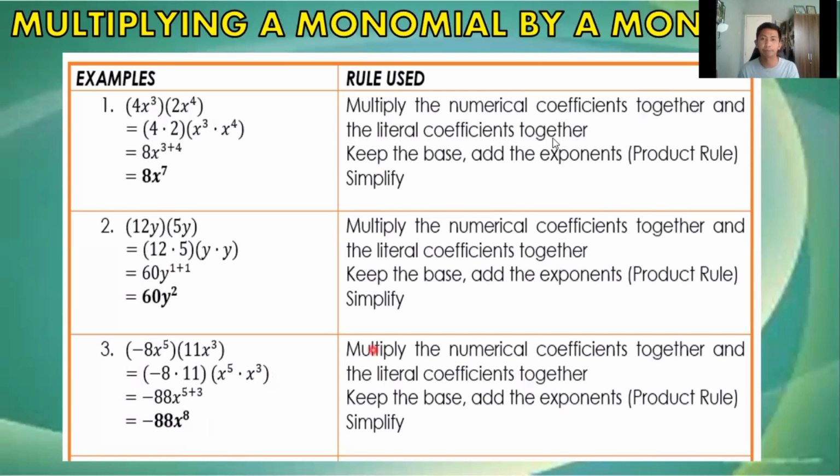Okay, next. May I give you another example? Say for instance, we have the quantity negative 2 x squared y multiplied by negative 13. Okay, so what can you notice on the given?